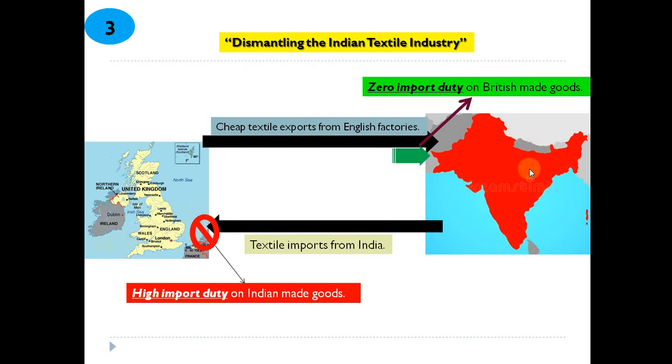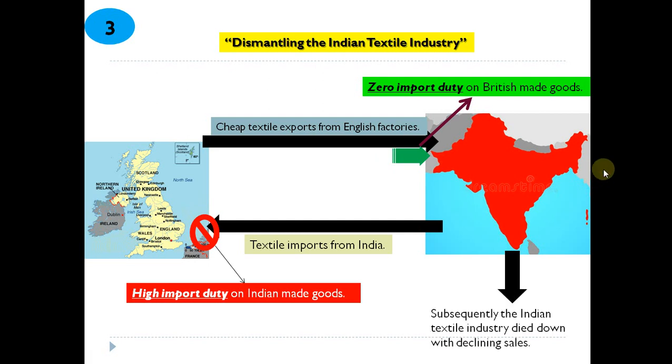Now, when they are not getting enough revenue, they are in a dilapidated or deprived state. They would start selling their goods in India at a high price so as to earn revenue. But because Indians now have a cheap alternative, they would not buy from the local industry.